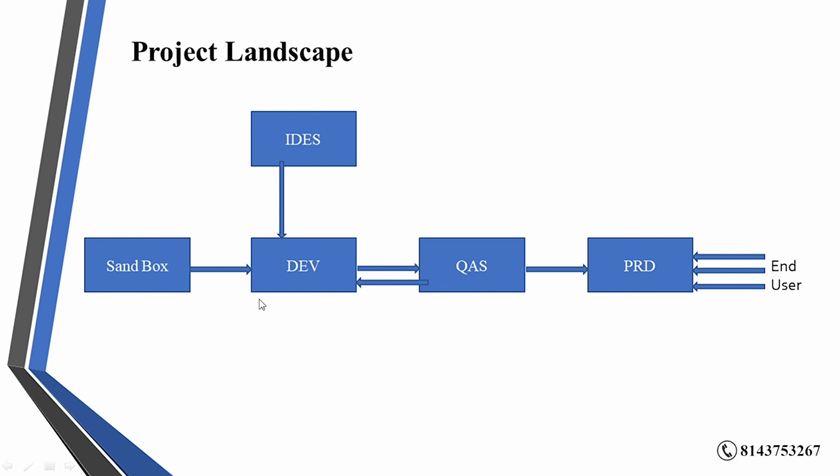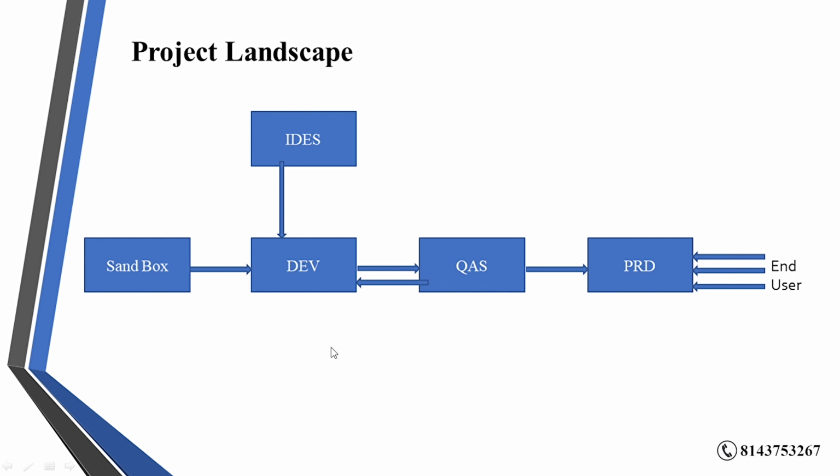After development, what will we do? We will do unit testing, and then we will share it with QAS for integration testing. So here only all the testing will happen, and it will go back to development if there are any issues in the coding or if some functionality is missing. So here only the cycle runs in a loop.